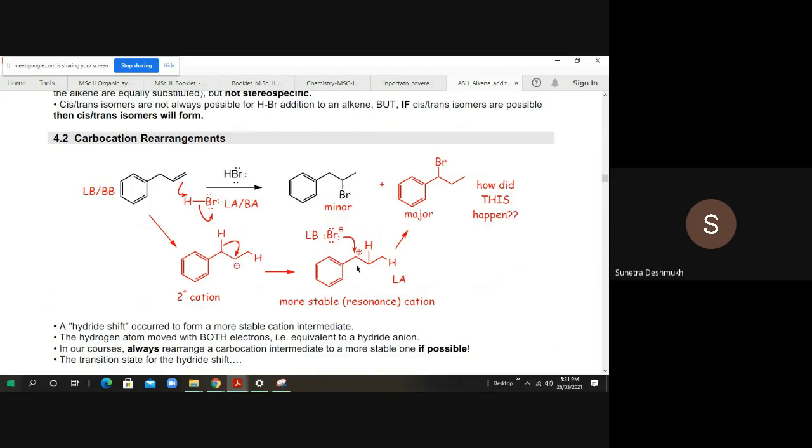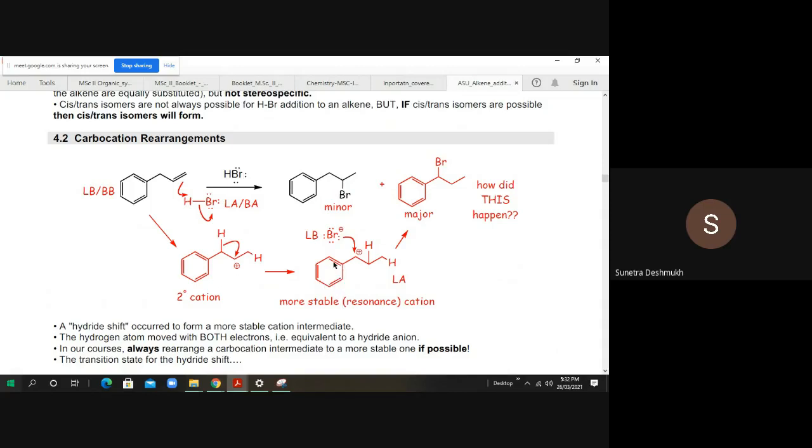And here we again get a secondary carbocation, but this secondary carbocation is more stable via resonance. How does the resonance work? This positive charge is now in conjugation with this aromatic benzene ring, and it can be part of the resonance of this benzene ring.